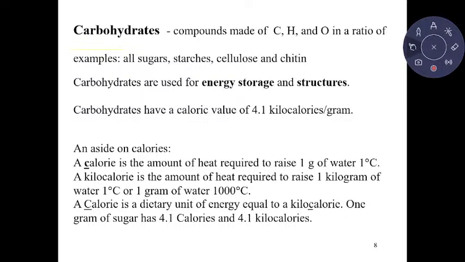With that energy only, the biological processes go on. That amount of energy is calculated in calories, like kilocalories per gram. Carbohydrates have a calorie value of 4.1 kilocalories per gram.